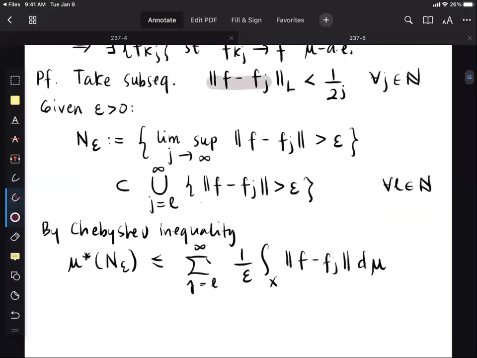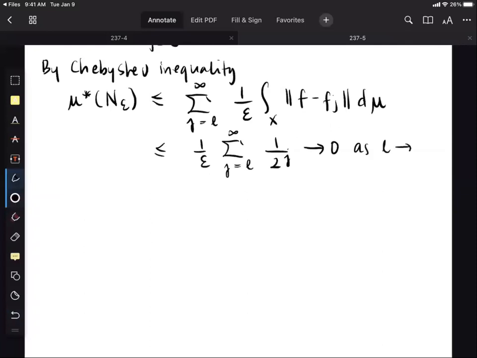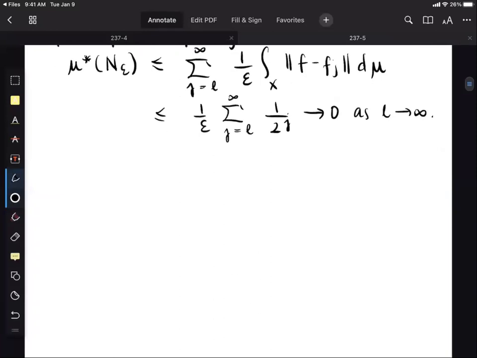Applying this assumption here, we can estimate this as 1 over epsilon times the sum from j equals L to infinity of 1 over 2^j. Again, this is a tail of a convergent geometric series, so this tends to 0 as L tends to infinity. Therefore, the outer measure of N epsilon is equal to 0.